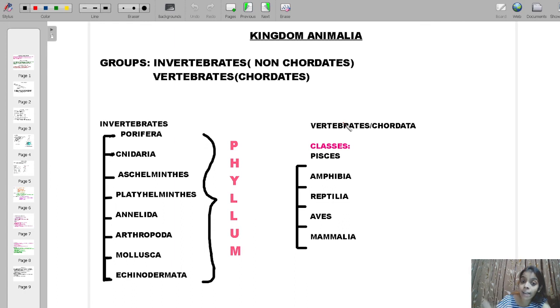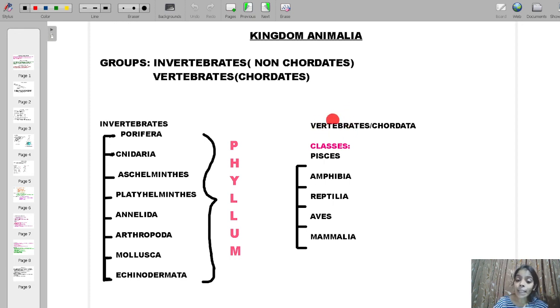Above class, there can be a superclass. Below class, there can be a subclass, an infraclass. So certain more categories are there, but we do not study them at this stage.